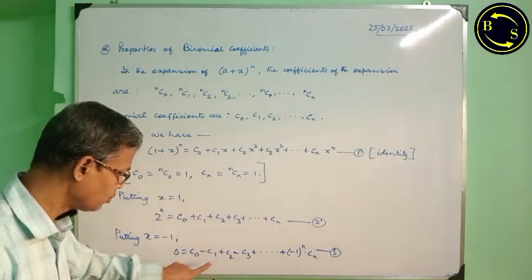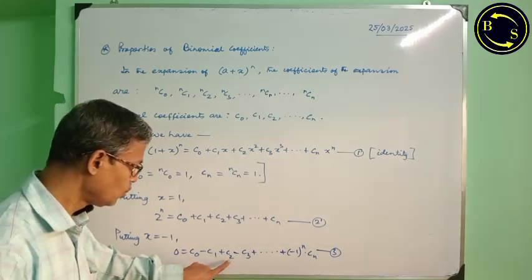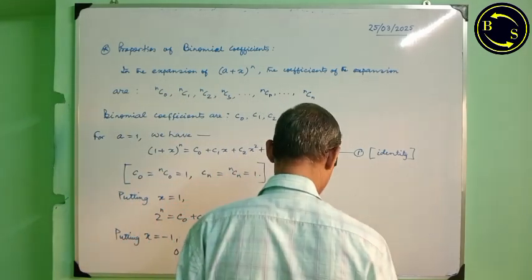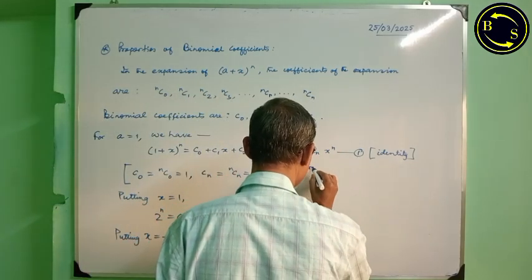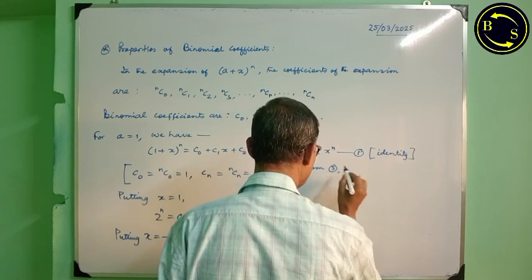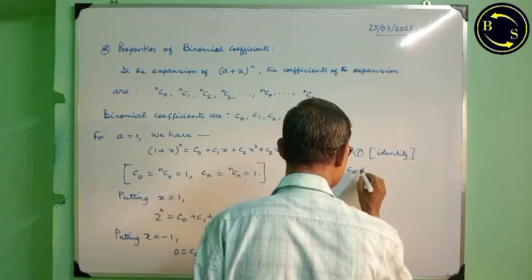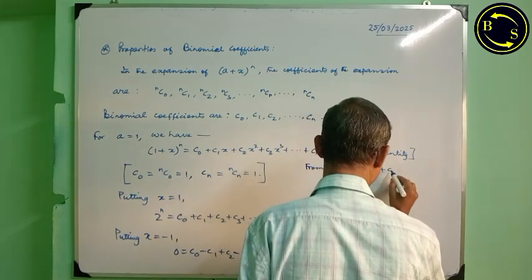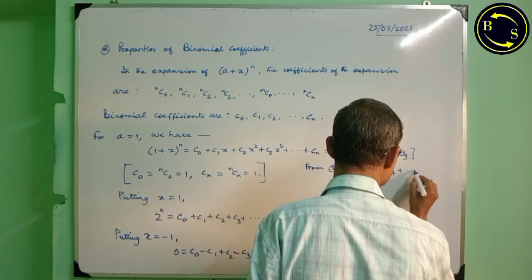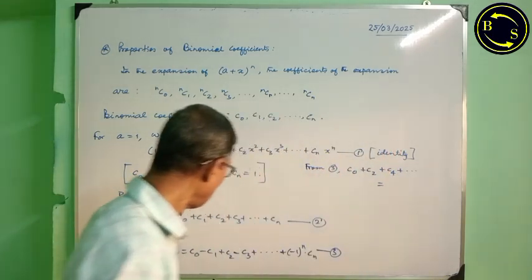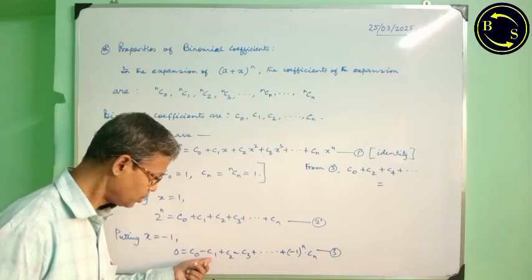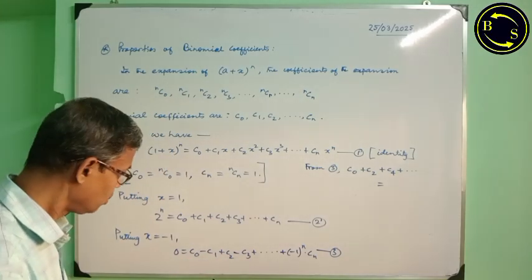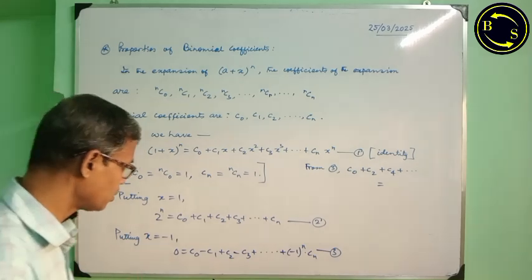Those are of positive symbols: C0, C2, C4, etc. From 3, C0, C2, and all the terms placed in the even places are together taken on the other side.